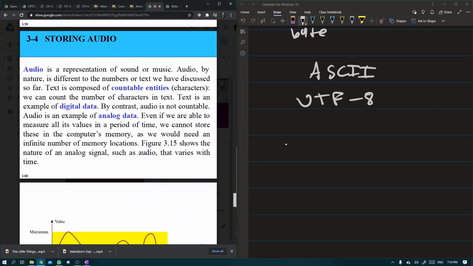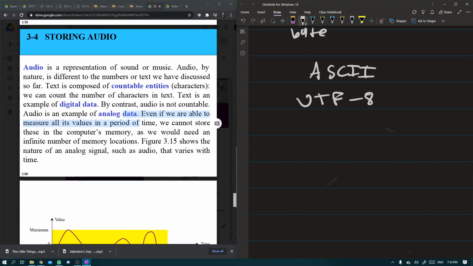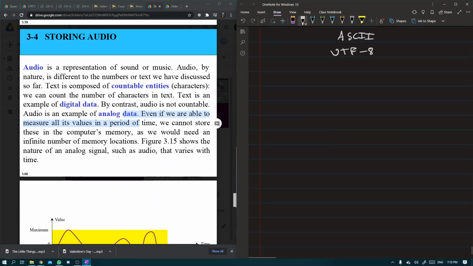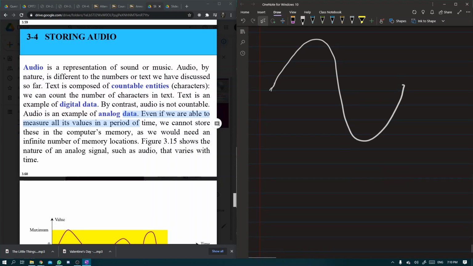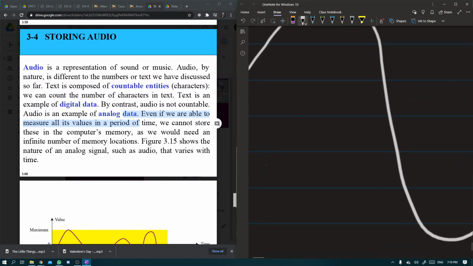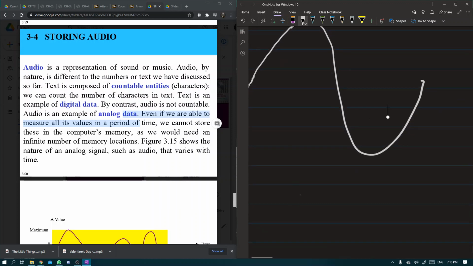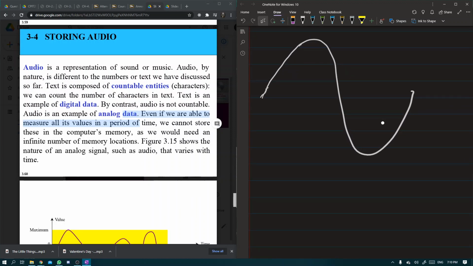Now storing audio. When you measure audio, it's stored as a wave. And waves don't have discrete positions. They're continuous. That means you could zoom in and zoom in and zoom in, and you'll never get to an end.